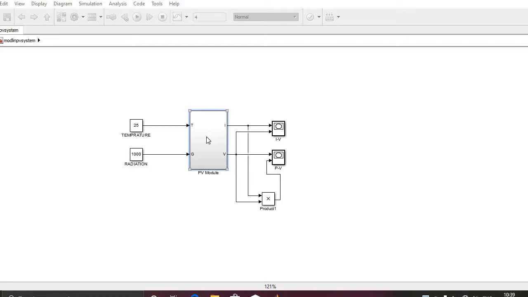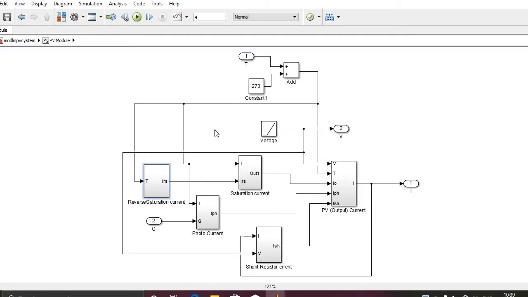The PV module mainly consists of five subsystems. First is the reverse saturation current, second is the saturation current, third is the photocurrent, fourth is the shunt resistor current, and the last one is the PV output current I.